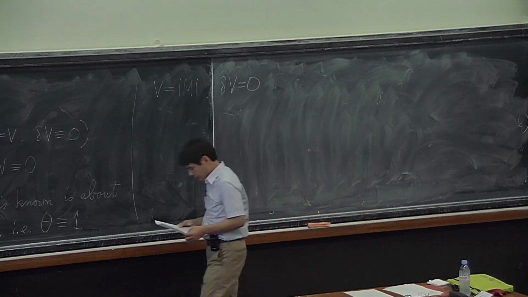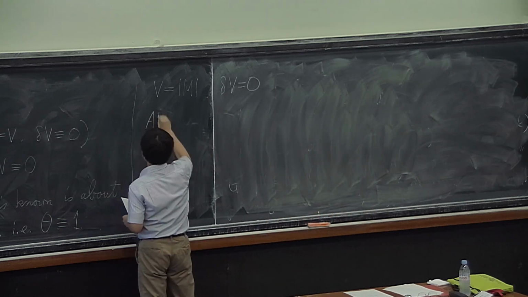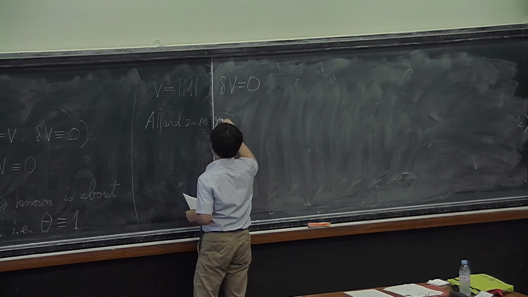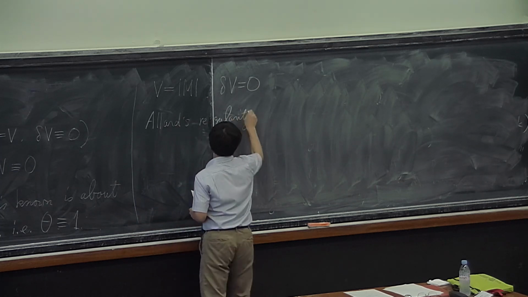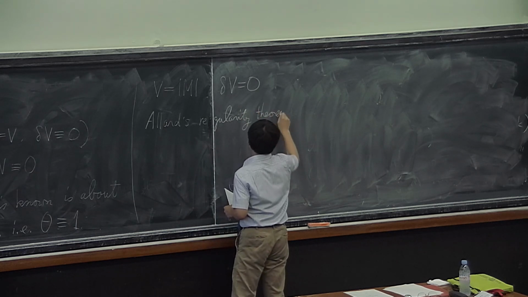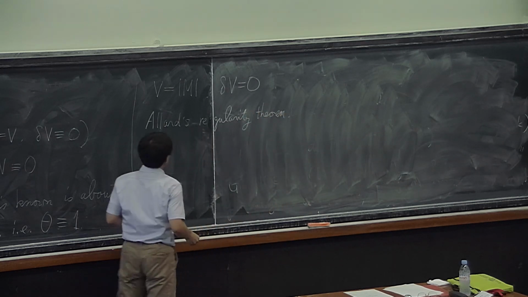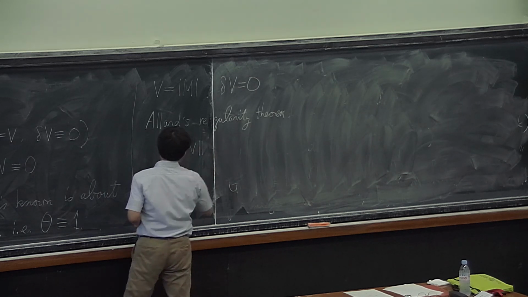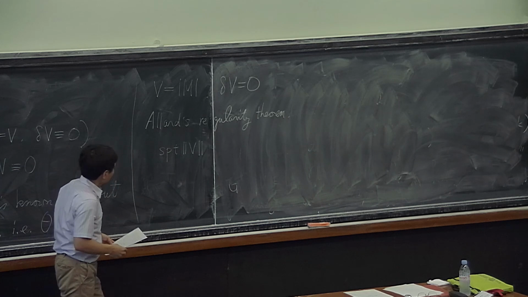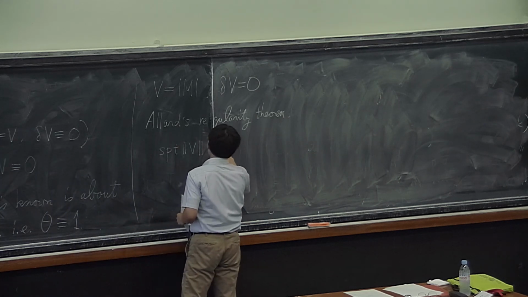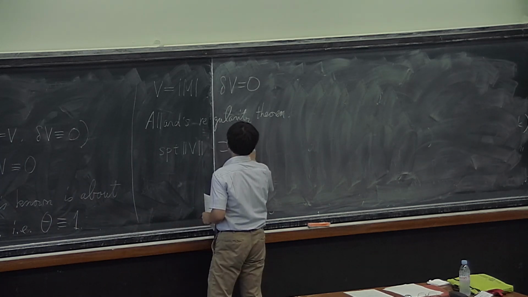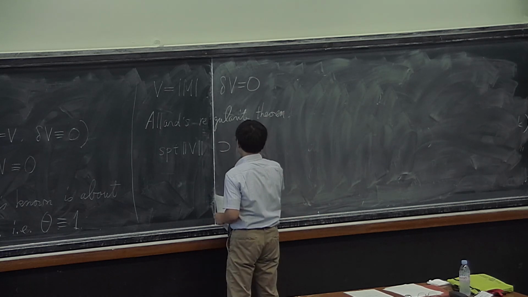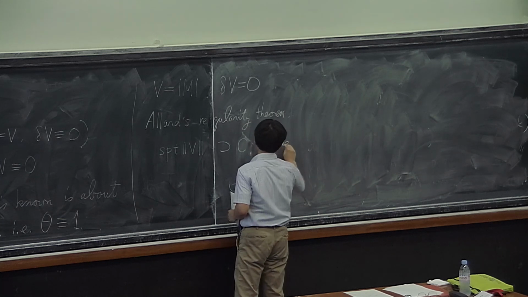Now in this case, there's this Allard's regularity theorem, which says that the support of V may contain some set S, well, S is not a good thing to use, maybe C, which is a closed set.